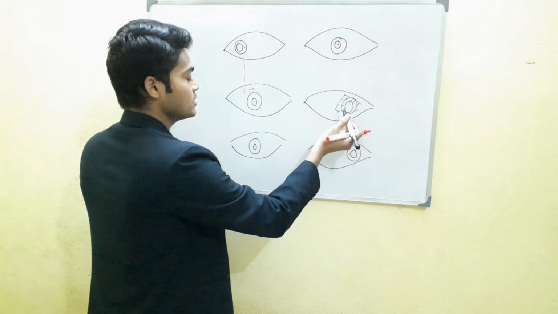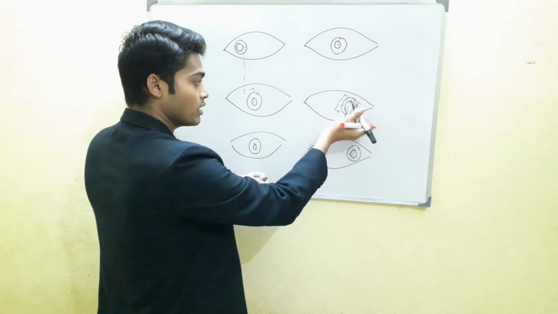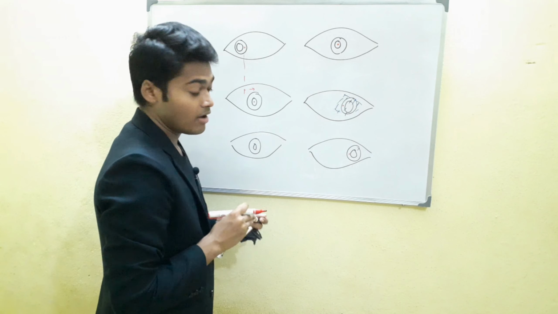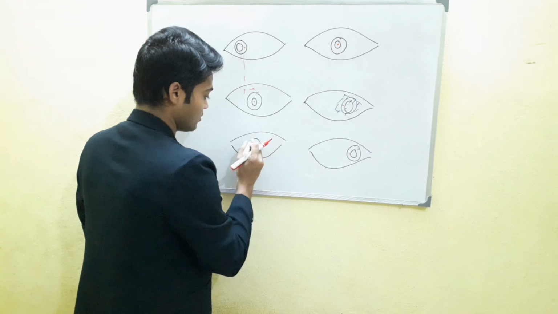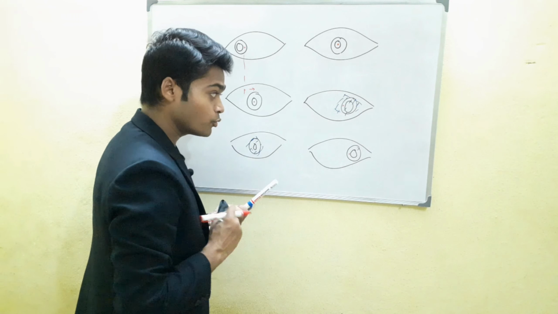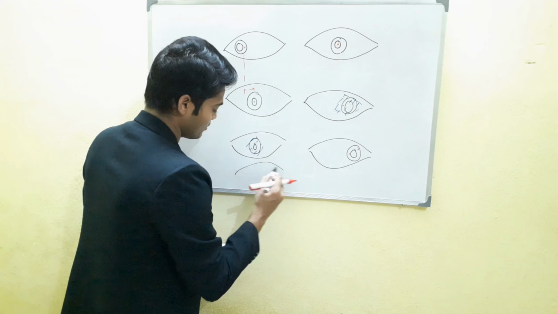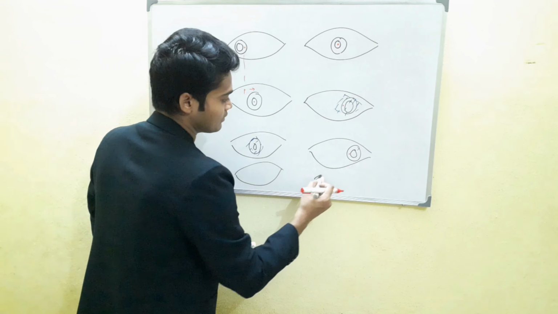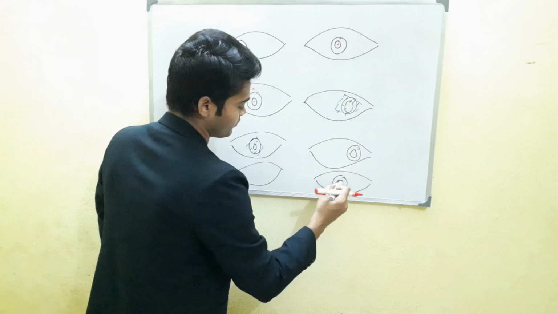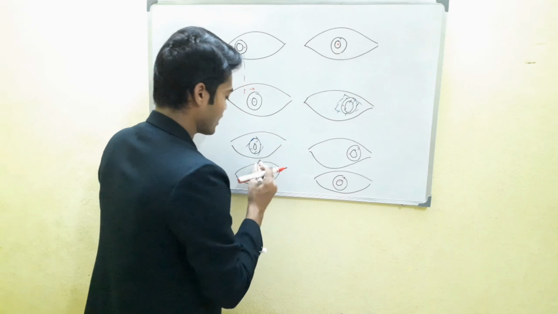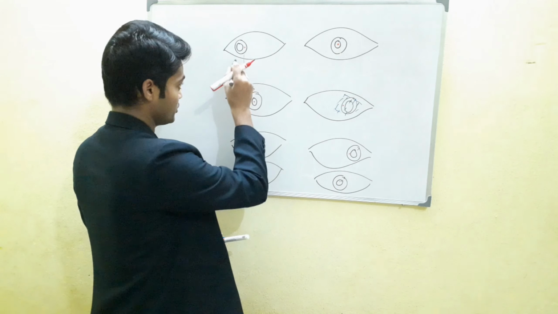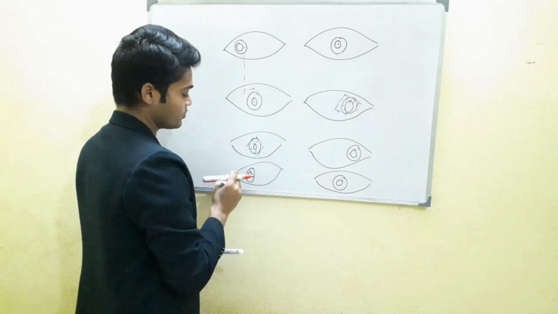Then if, after removing the occluder here, we simply put it here, what will happen? If we put the occluder here, then this eye again becomes the fixating eye and this eye again maintains the primary position, which is the same as the previous one.